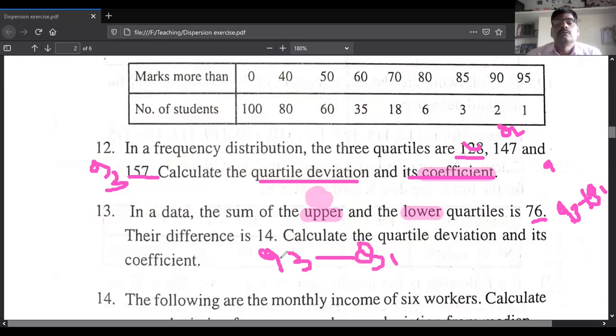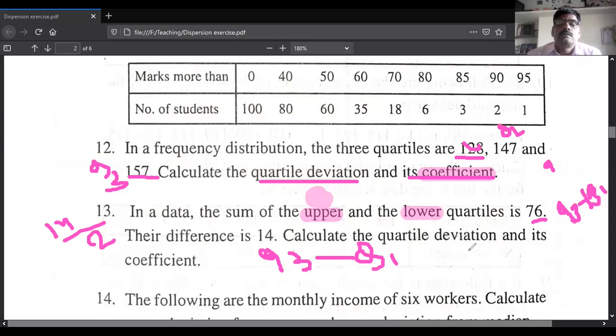If you want to calculate quartile deviation, it is Q3 minus Q1 divided by 2. So 14 divided by 2 is equal to 7. The quartile deviation is 7.